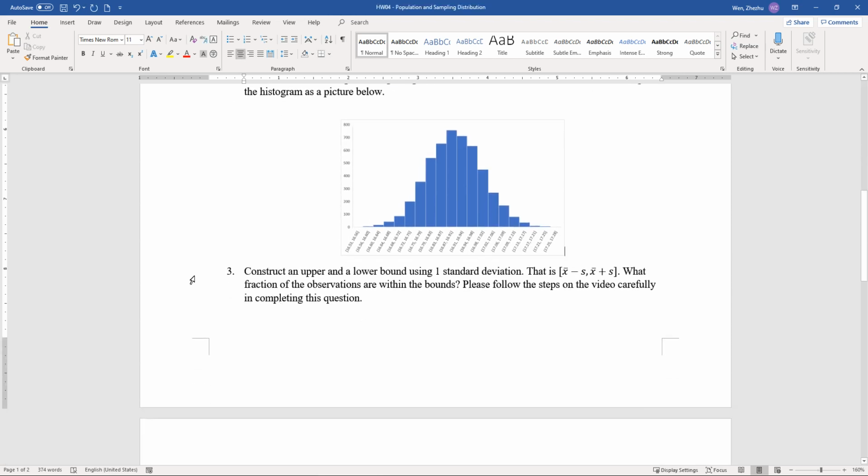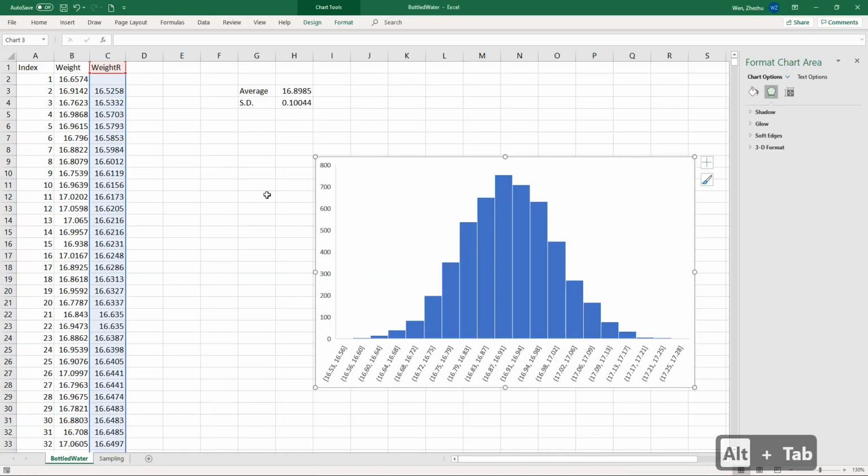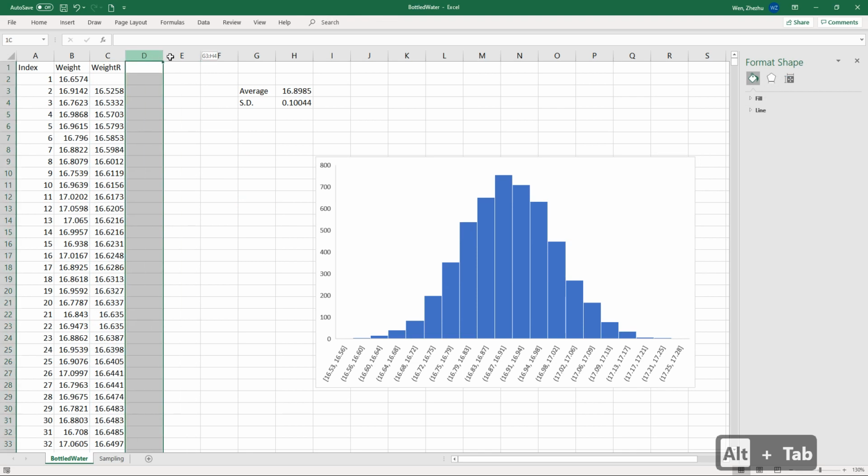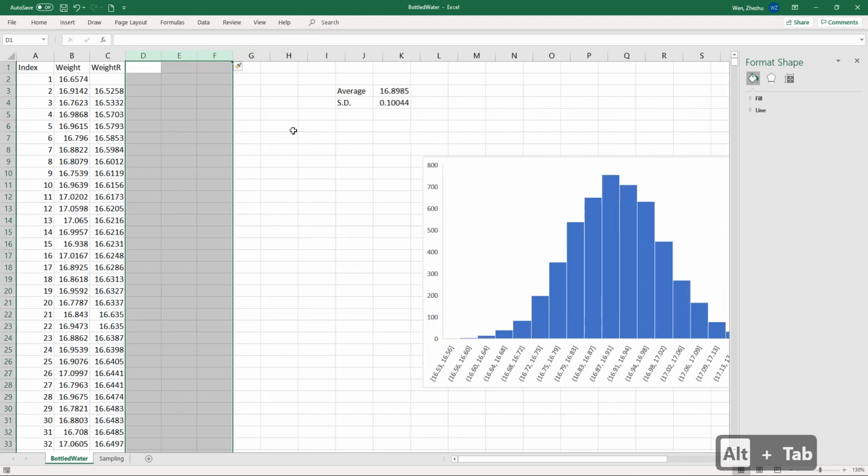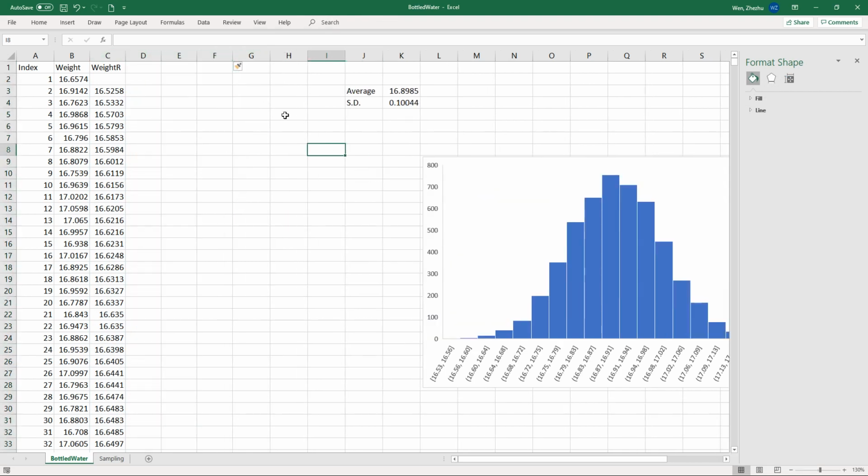And then construct an upper and lower bound using one standard deviation. So if you remember the empirical rule, I think you know where I'm heading. What I'm going to do here is create more space.